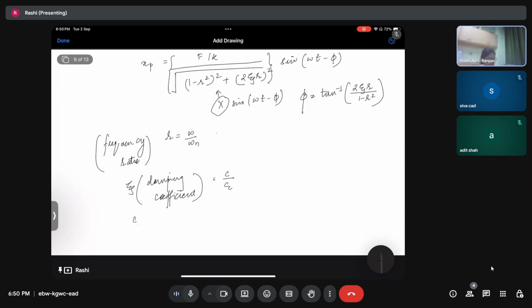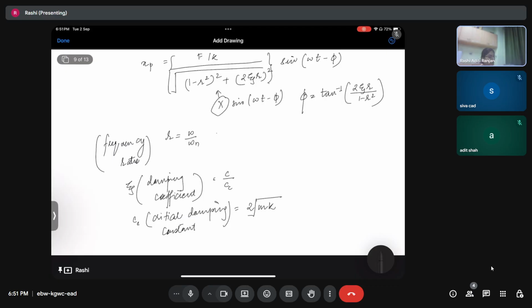Okay, so Cc is the critical damping constant, written as twice of under root mk.